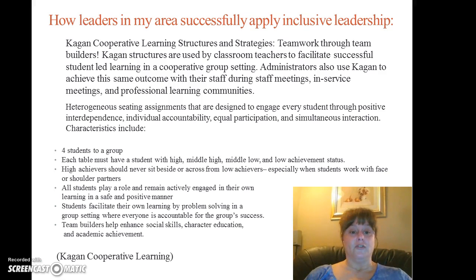All students also play a role and remain actively engaged in their own learning in a very safe and positive manner. Students will facilitate their own learning by problem solving in a group setting where everyone is accountable for the group's success. And these team builders help enhance the social skills, character education, and academic achievement through these cooperative learning structures.